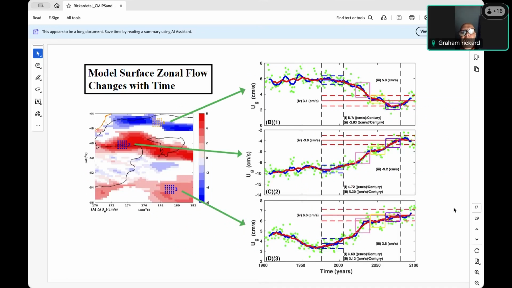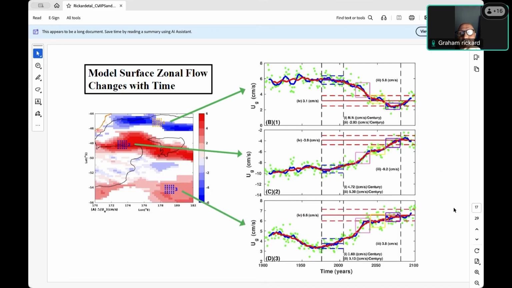Just to re-emphasize this, these are from the models, and these are examples of changes in zonal flow within Bounty Trough, at that scale. Each of the examples is from the model zonal flow integrated over those regions.